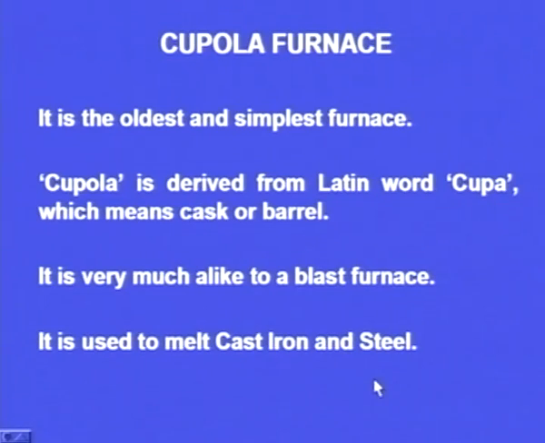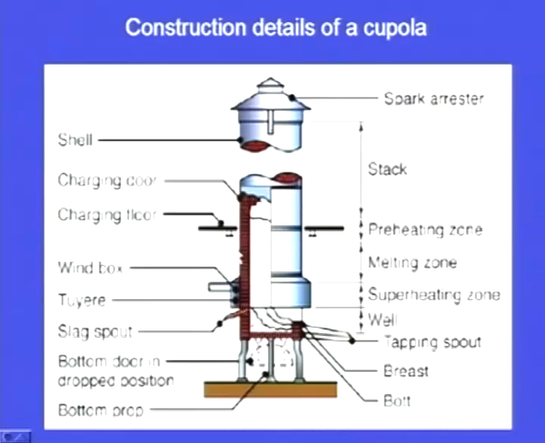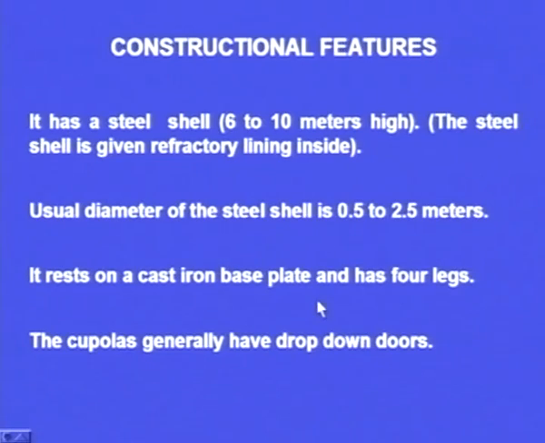Let us see the construction details of the cupola furnace. So, this is the construction details of the cupola furnace. Here we can see the furnace. These are the different components of the furnace. Let us study these different components of this cupola furnace. It has a steel shell 6 to 10 meters high.